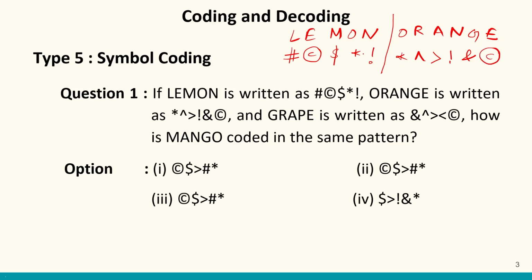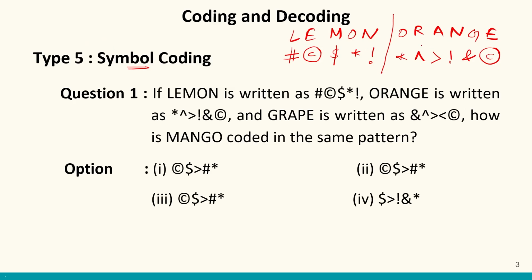So here we can see that each alphabet is coded by a symbol. This is called symbol coding and decoding. It could be numbers also. So 1, 2, 3, if it is coded as this is also a type of symbol coding. So either alphabets or numbers or even sometimes words are coded in symbols.